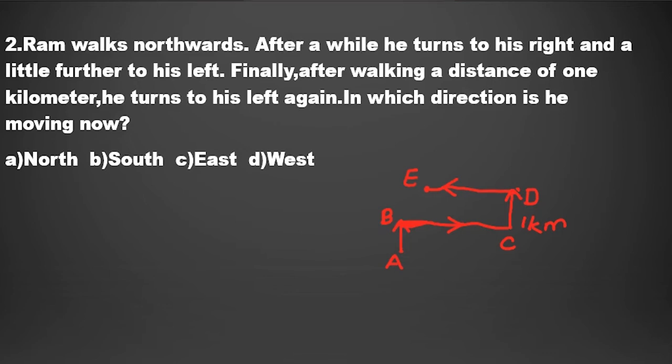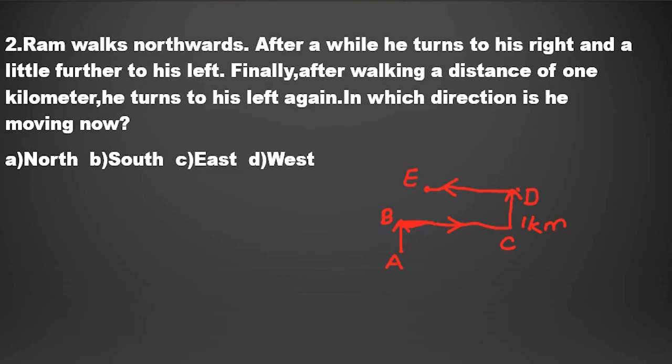He walks left up to 1 kilometer, and let the point be D, and from D he turns to his left again, and the left of D is towards the west direction, and the final position be E. The question is, in which direction is he moving now?